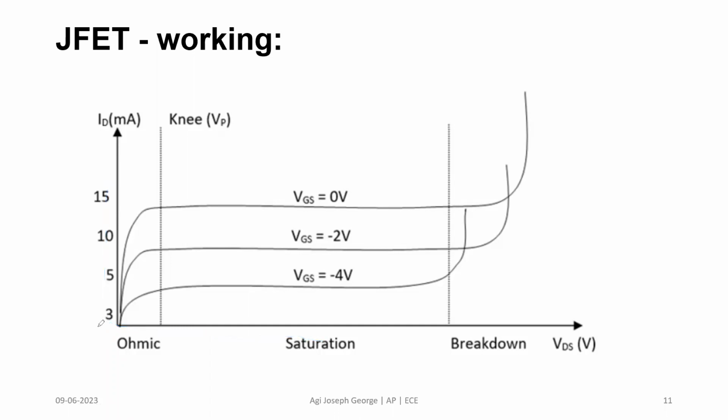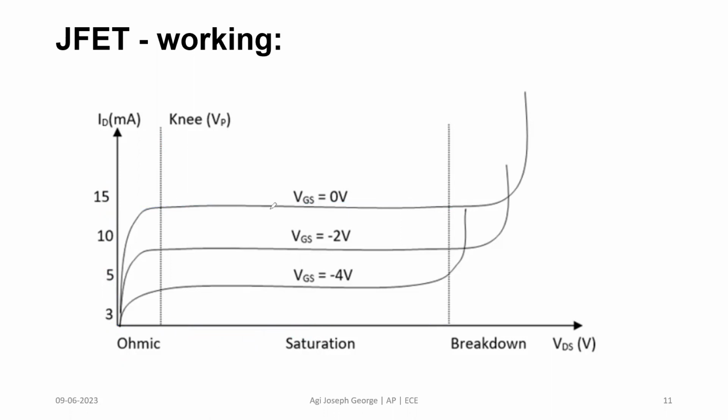When the drain source voltage is increasing, you can see the current increasing ohmically. Ohmically in the sense it follows Ohm's law linearly. Once it reaches a knee voltage, the current flow is steady, no matter how much you increase the drain source voltage. That is the saturation region.